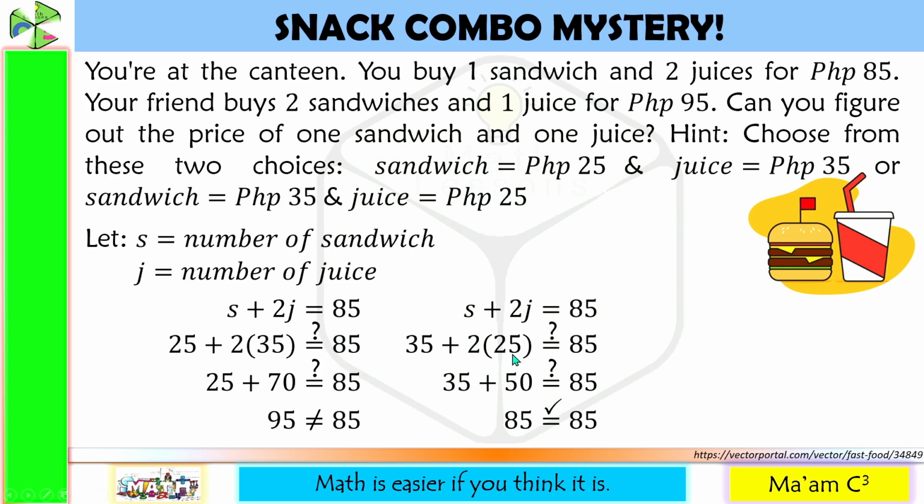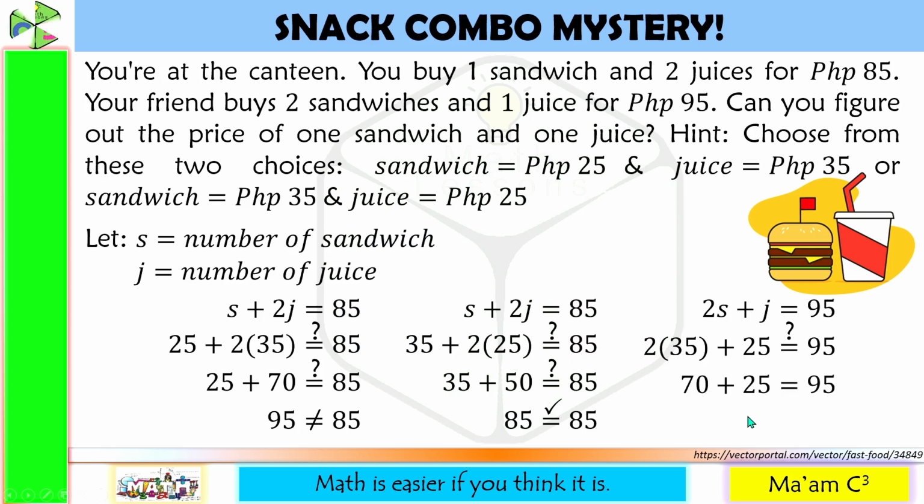Now, how about the second equation for your friend? Your friend buys two sandwiches and one juice for 95 pesos. So, the equation for this one would be 2S plus 1J, or simply 2S plus J, equals 95. Let us substitute again 35 for S and 25 for J. 2 times 35 is 70. 70 plus 25 is 95.